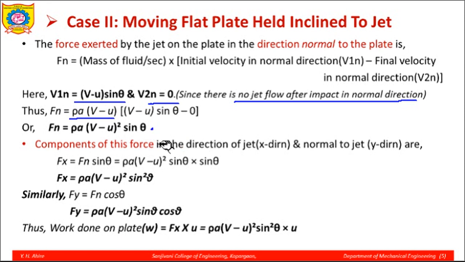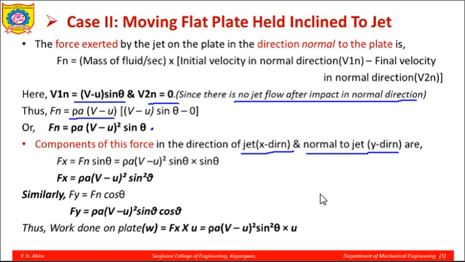Now we further write the components of this normal force in the direction of the jet, that is the x direction, and normal to the jet direction, that is nothing but the y direction.